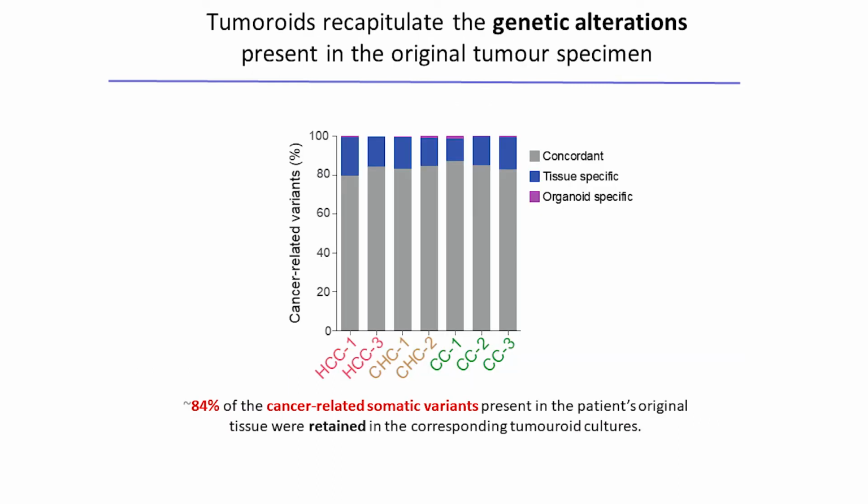We also showed that they retain their genetic stability over time. When we compared the mutations that the cultures have to the mutations of the patient, we see that there is an 84% concordance. From this concordance, there are still some mutations, around 20%, we don't capture in the culture. We don't understand that. It might be selection, probably selection.